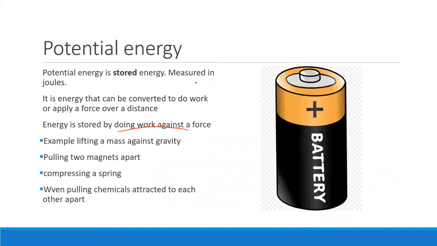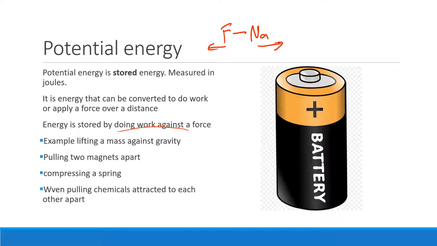or pulling chemicals attracted to each other apart. So if you've got two chemicals that are really attracted to each other and you pull them apart, you're going to create potential energy, because those molecules want to snap back together.